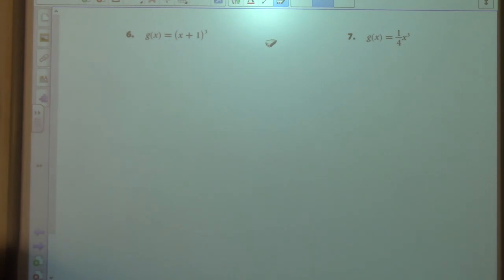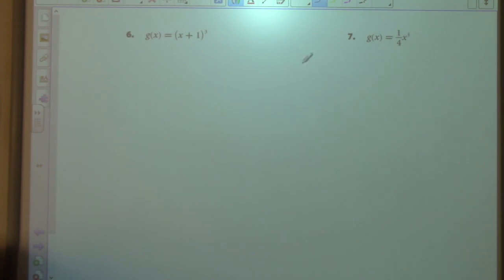For this one we have Kaylee. So what do we have going on here, Kaylee, for number 7? Is it vertically compressed by a factor of 1/4?